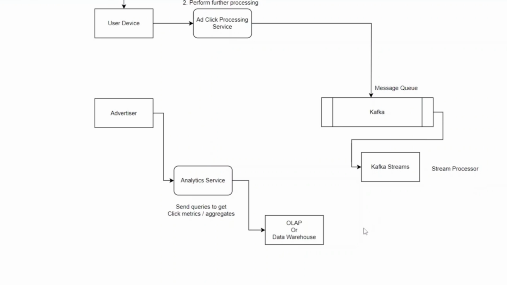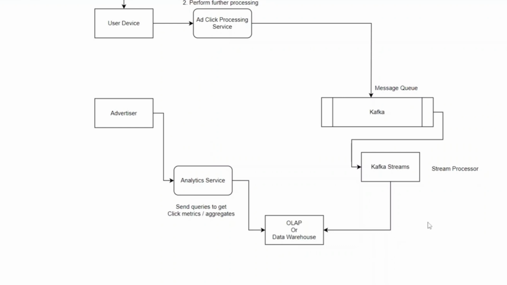And from this stream processor, the data would then be aggregated and stored in our data warehouse. So in spite of the database and Apache Spark, this would give us a real-time experience. Whenever data is clicked, it comes into the message queue, gets streamed, is processed in Kafka Streams as a stream processor, and is stored here in OLAP or the data warehouse.